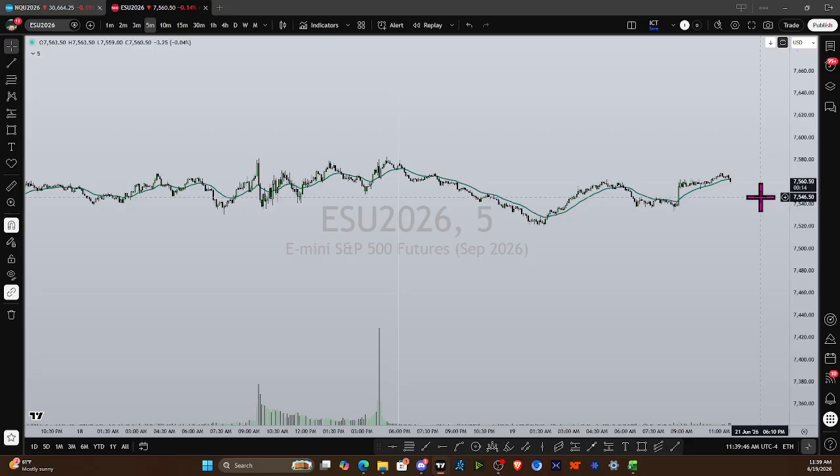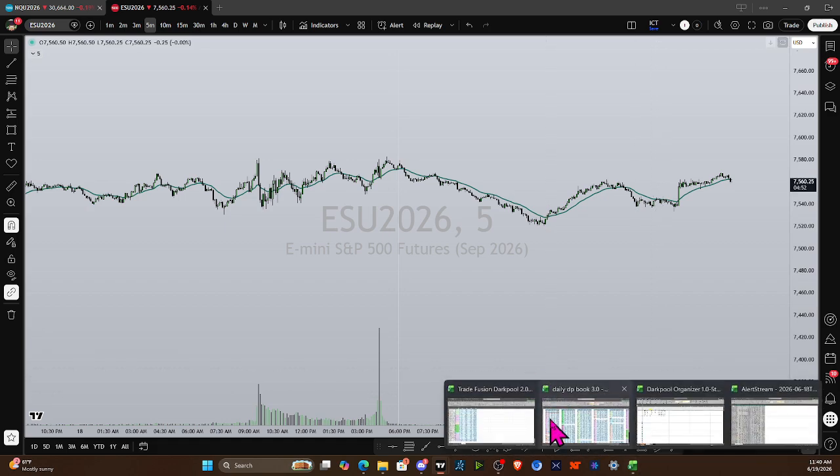Let's see. So the other thing I was going to talk about was darkpool. I use darkpool a lot in my trading, and I think it's something that's easy to get overcomplicated. So why don't we cover a couple of those?